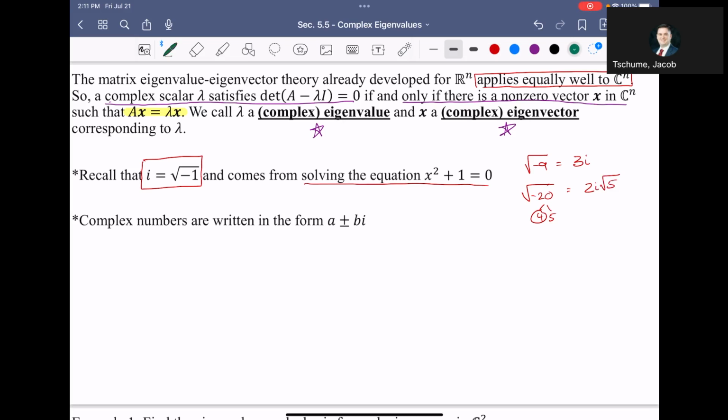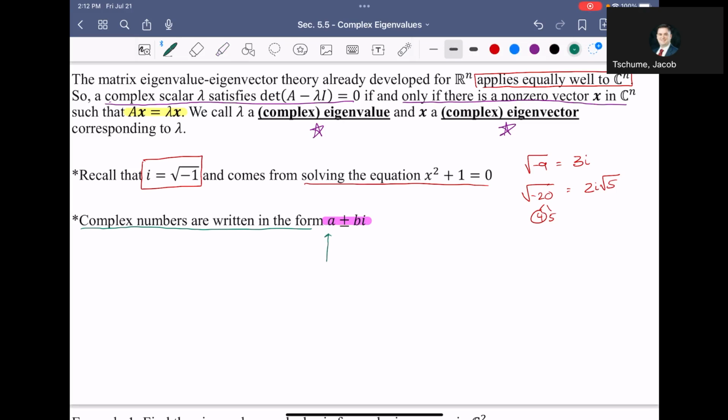As far as the idea of complex numbers, well, first of all, a definition. Complex numbers are written in the form a plus or minus b times i. So you're going to have two parts to every complex number.